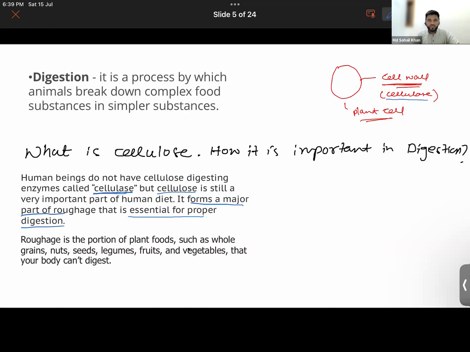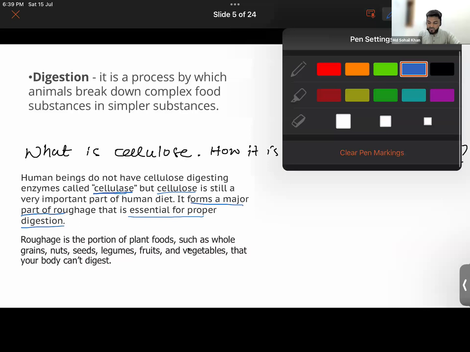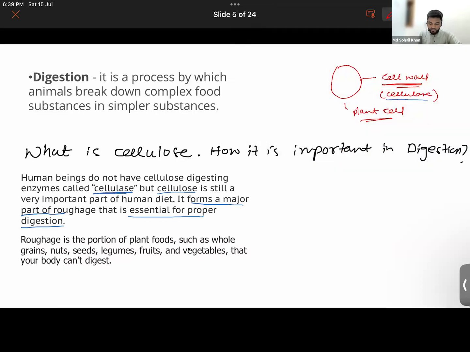Now again, one question you must be thinking of: what is this roughage? First, do tell me if this cellulose is clear to you or not. Sundus, you tell me what is cellulose. It is something like a digestion kind of thing.